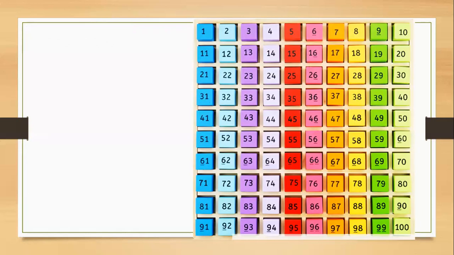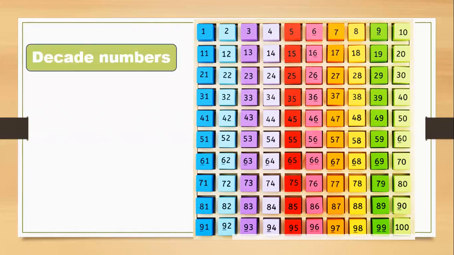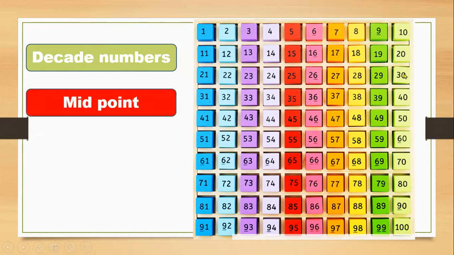Here is the 100 square layout. You have to memorize it. You have to find the decade numbers, whose last digit must be 0: 10, 20, and so on. These are the decade numbers. And what are the midpoint numbers?